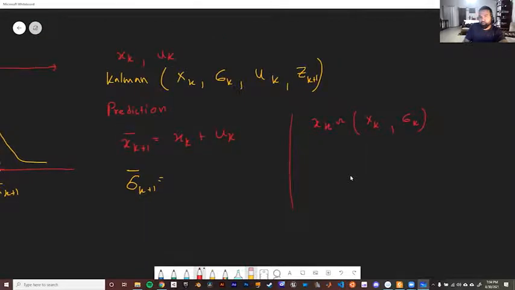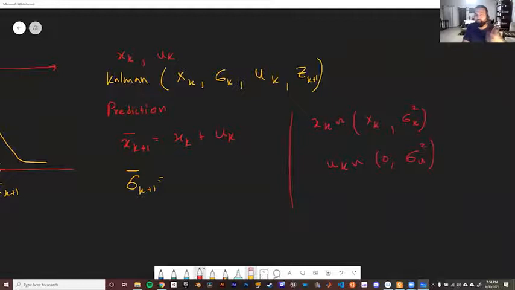And uk is also going to be a probability distribution, which we call white Gaussian noise. It will have a mean of 0 and it will have a variance, right? So that variance I'm going to call, let me just double check the notation. Yeah, I'll call that sigma u.